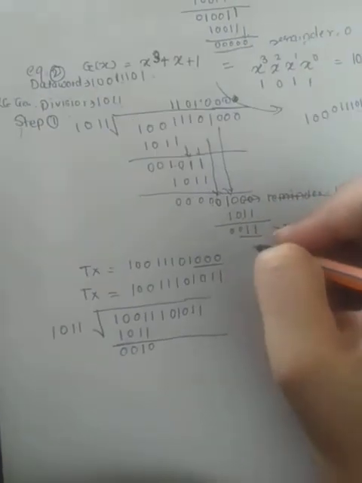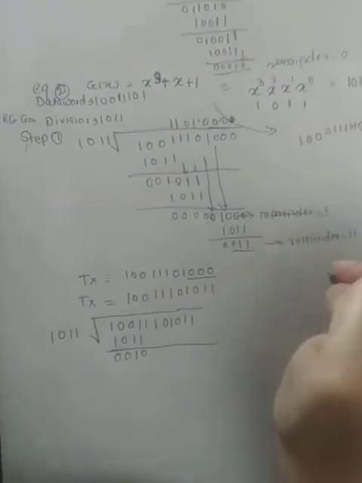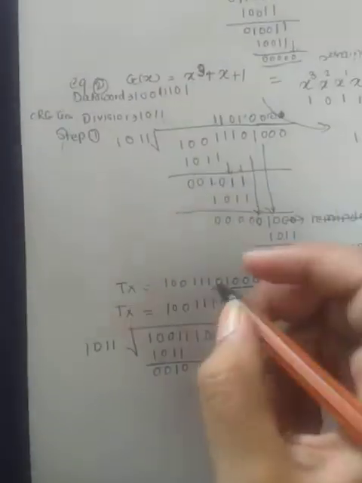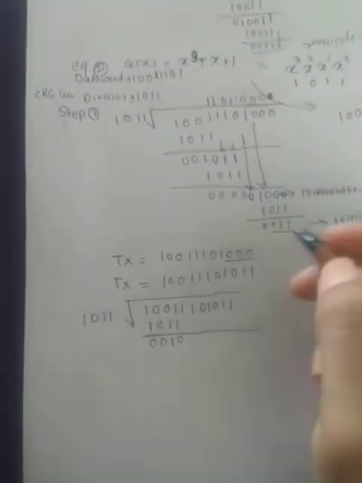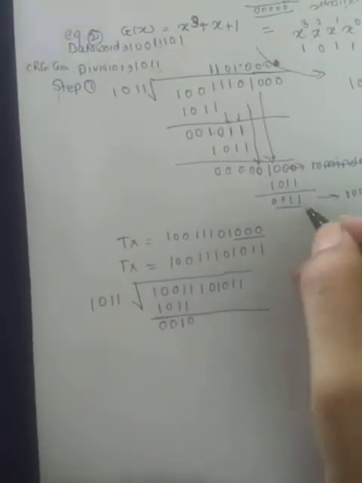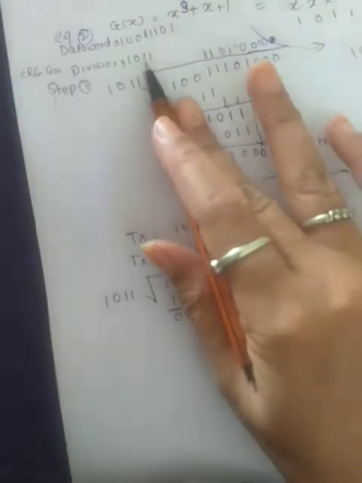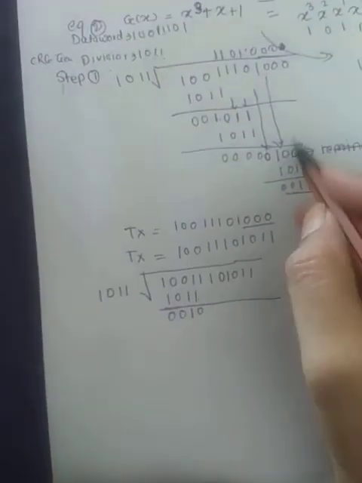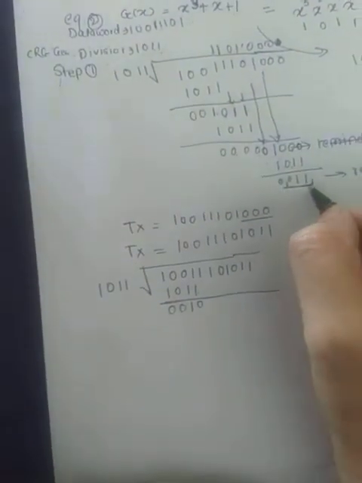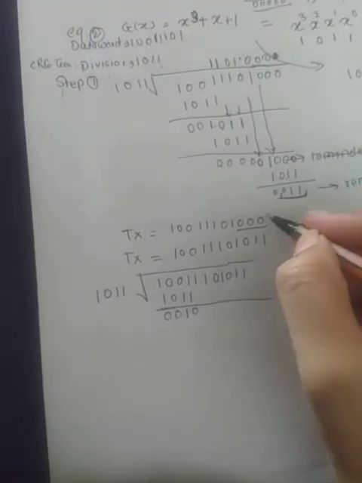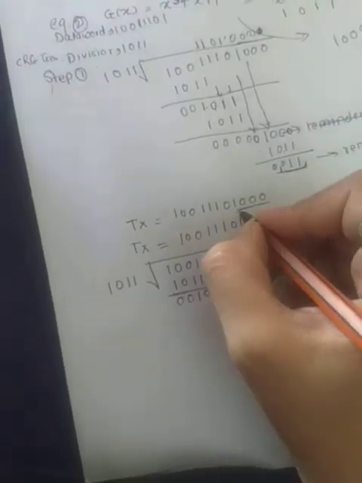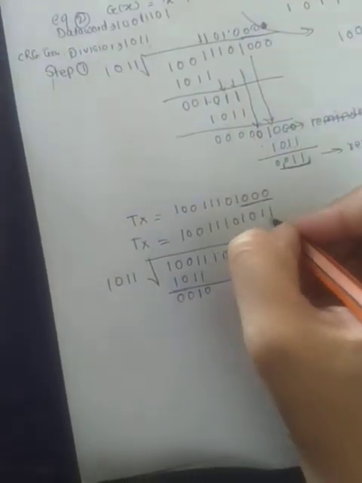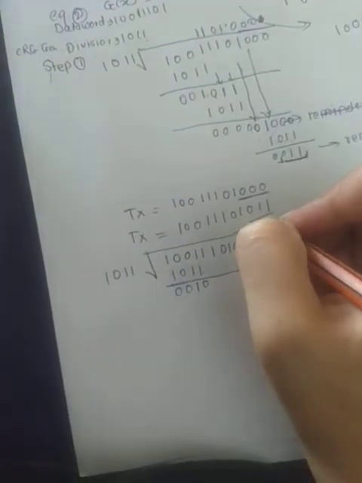110. So here the remainder is 11. So the remainder is 11. So the last 3 bits are appended into the transmitted bits. So we consider this 3-bit 011 for the transmitted data. In place of the last 3 bits we write the 011 in the transmitted data.